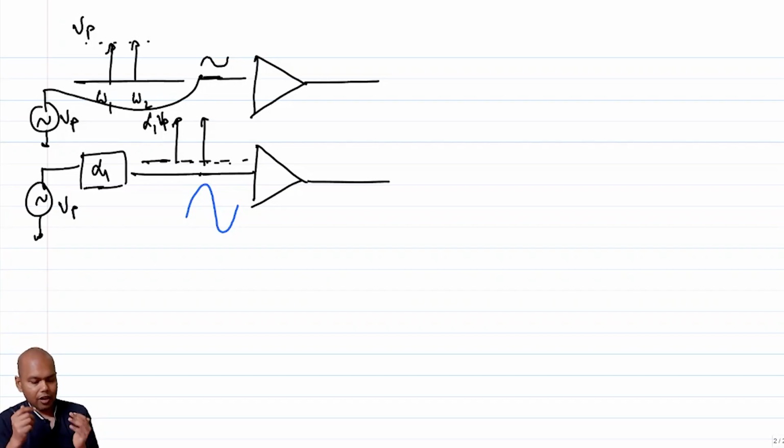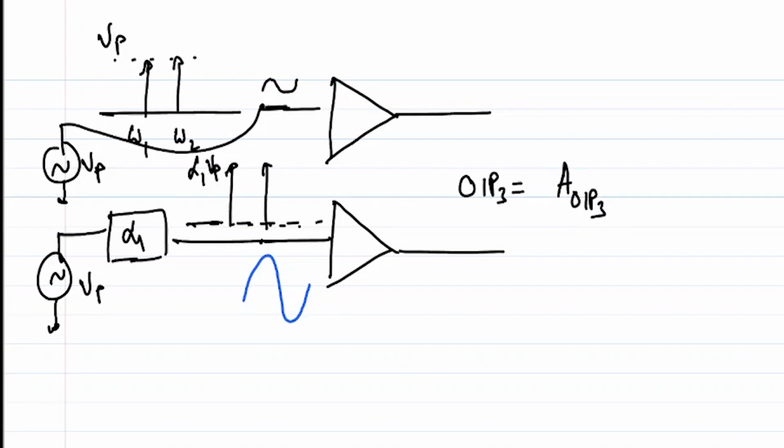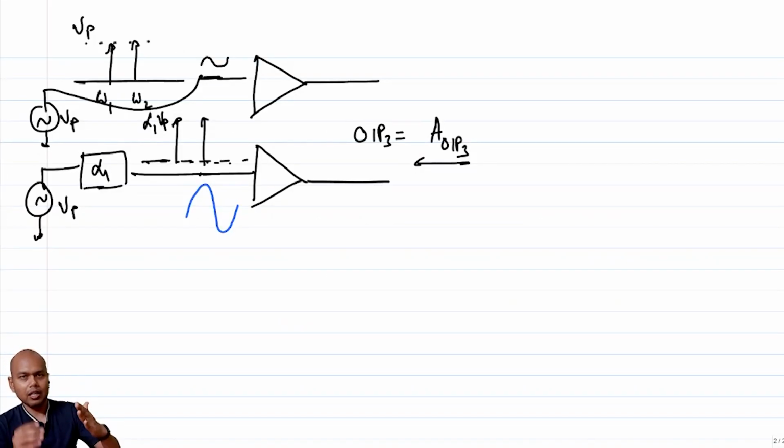However, if I say that at the output side the OIP3 is constant, let's say at the output I know that my OIP3 is equal to some amplitude A_OIP3 in linear terms, which essentially means that when I have an input to this block equal to A_OIP3, the fundamental and the IM3 tones are identical.